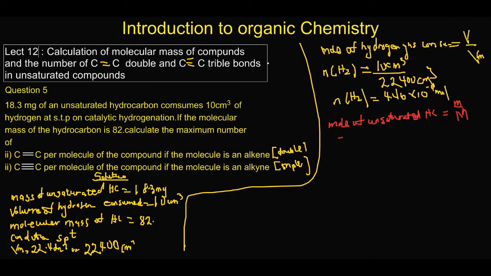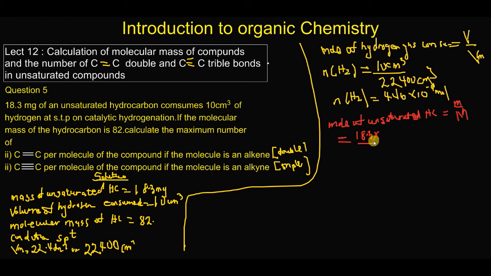Now let's quickly divide. What was the mass? The mass is 18.3 milligrams, and the molar mass is 13.3 milligrams. But remember we have to work in grams.